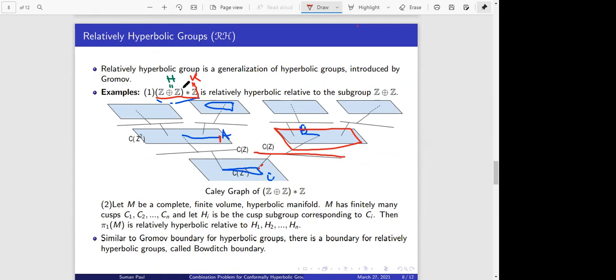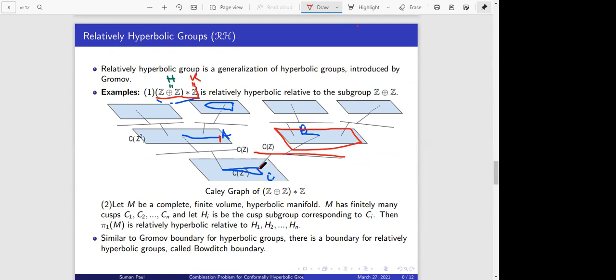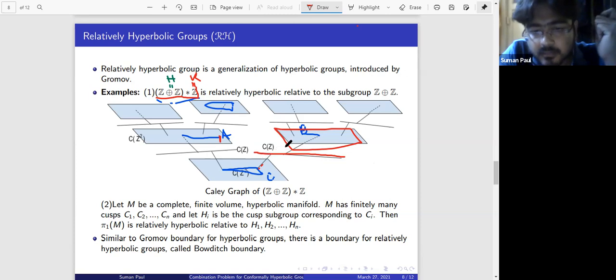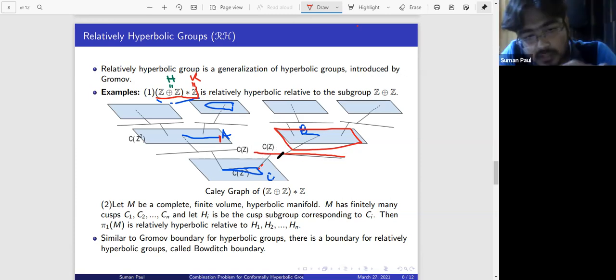This is the Cayley graph of K, basically the subgroup K. So these planes correspond to H, and the lines correspond to K. And there is an edge between them.